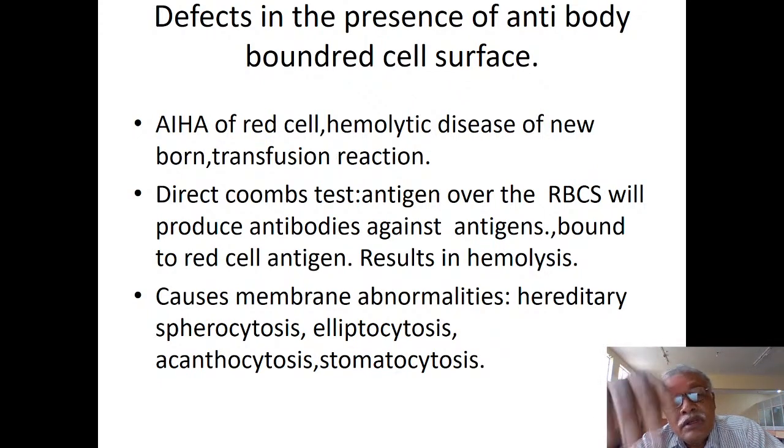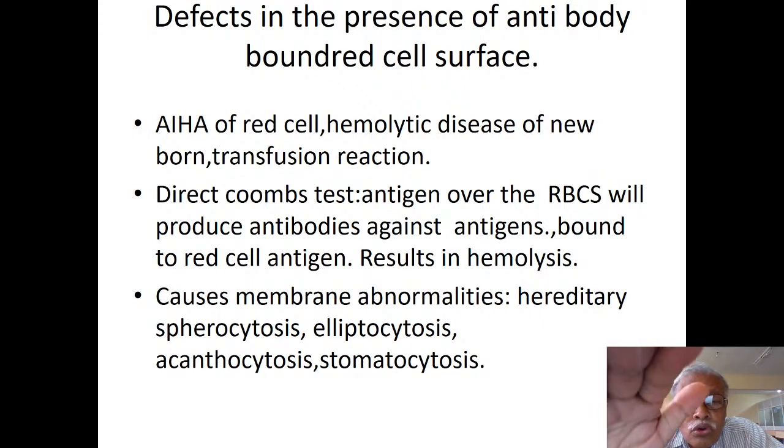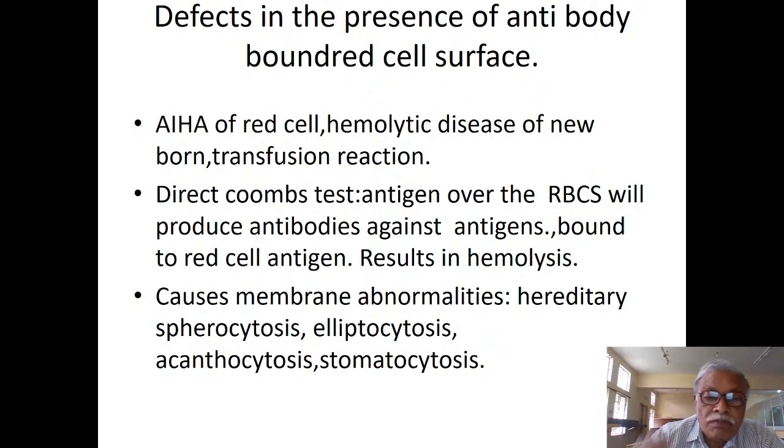Various shapes of RBCs, which are abnormal, can have a low lifespan, be trapped in the spleen and get destroyed. They are all due to defects in the membrane covering the RBCs.